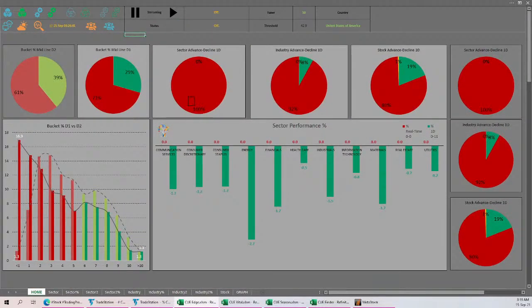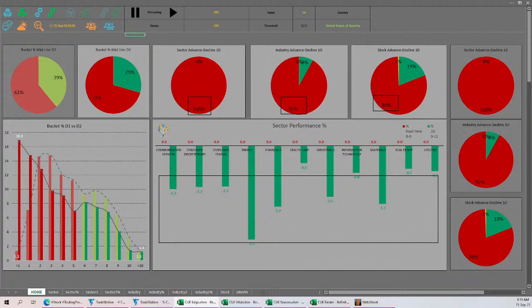We can see yesterday 100% of sectors were down, 92% of industries were down, 80% of stocks were down. Some of the sectors were down by large percentages. If we look at the bucket analysis compared to 1 day ago, 10% stocks crossed below the mid Bollinger Band.